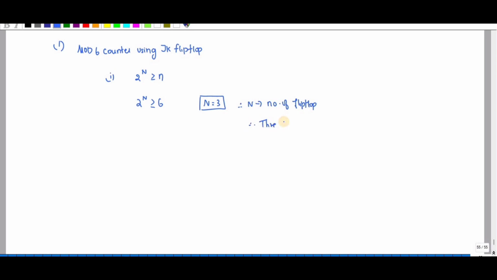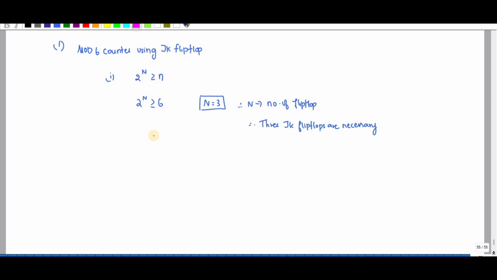Therefore 3 JK flip-flops are necessary in order to implement this mod 6 counter.